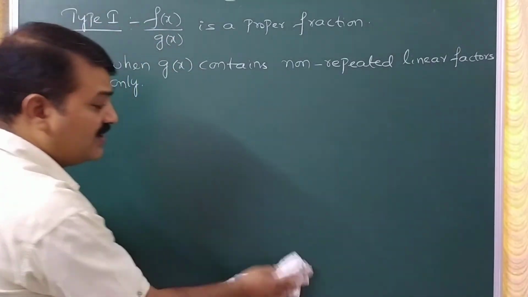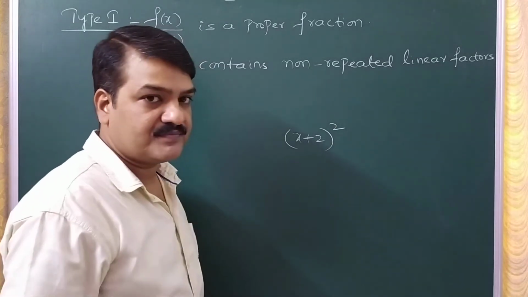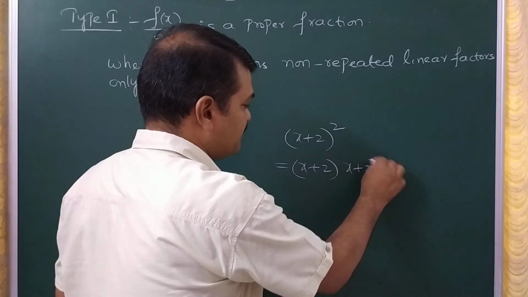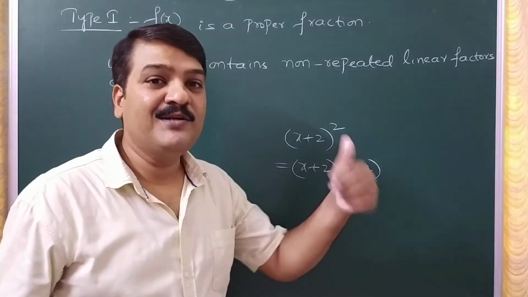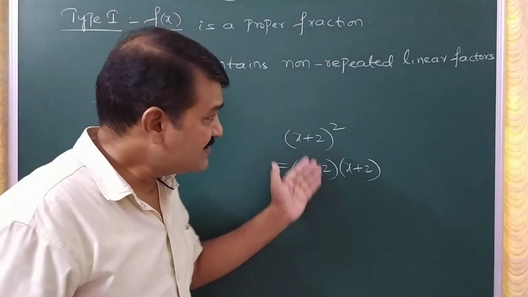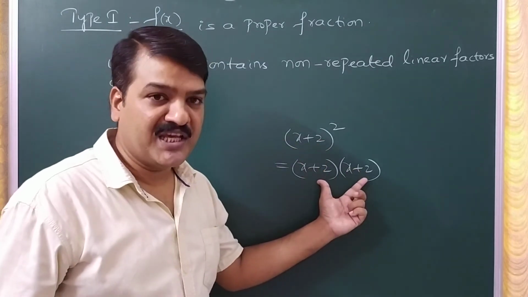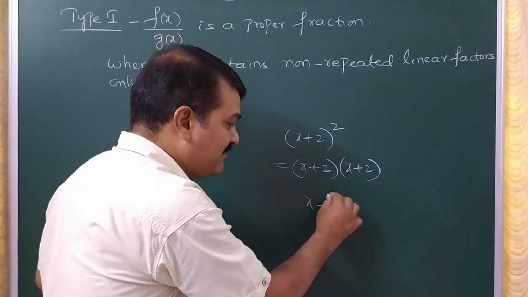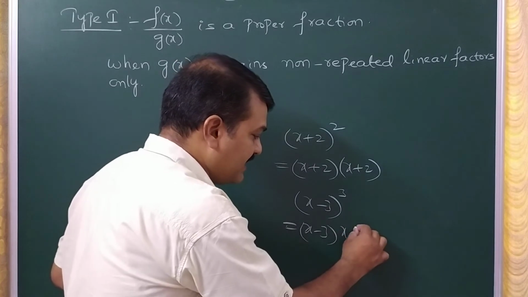What about a non-repeated linear factor? If you take x plus 2 whole square, for example, we can write this as x plus 2 into x plus 2. That means the factor x plus 2 is repeating 2 times. That is the meaning of repeated. A factor repeating 2 times means having a whole square, or a factor repeating 3 times, a whole cube, like x minus 3, x minus 3, x minus 3.